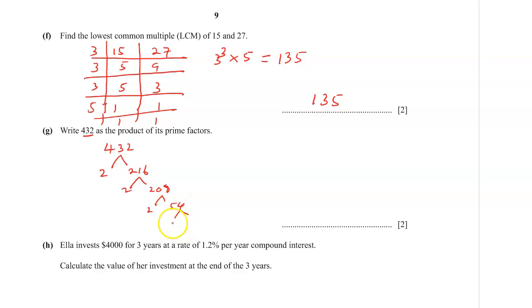Divide by 2, get 27. Divide by 3, you get 9. Divide by 3, you get 3. So the product of prime factors: how many 2's? 1, 2, 3, 4. So 2 raised to power 4 times 3 raised to power 3.